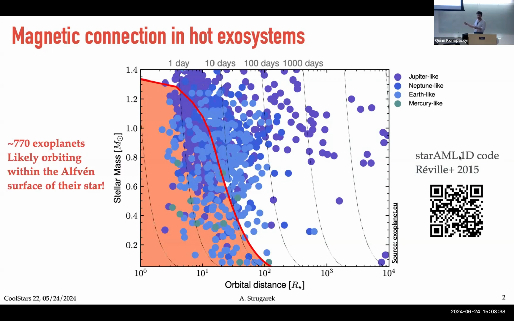This is of course an estimate, which means that all these planets in here would be orbiting within this Alfven surface and would be able to interact with the central star. I've taken not the most optimistic, but not the most pessimistic estimate, and it still gives you 770 exoplanets that could be in this kind of star-planet interaction.